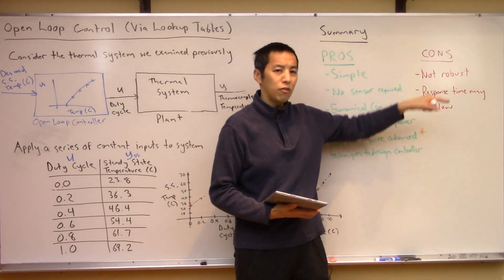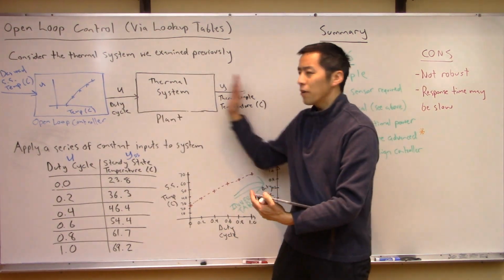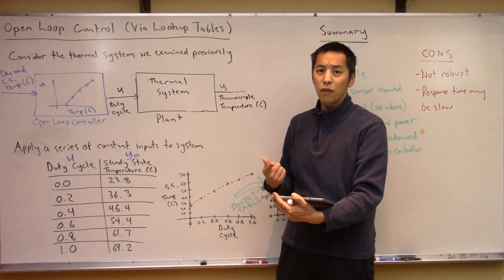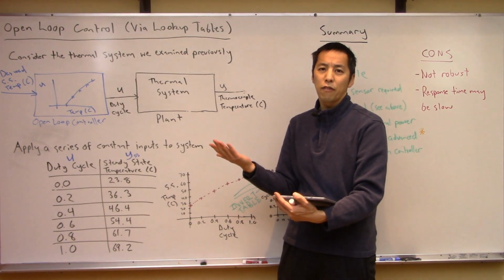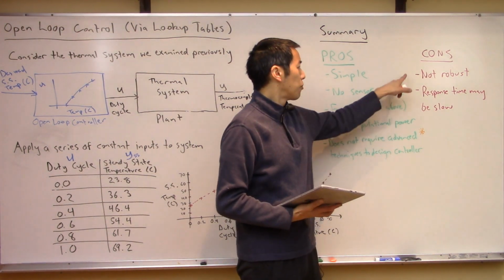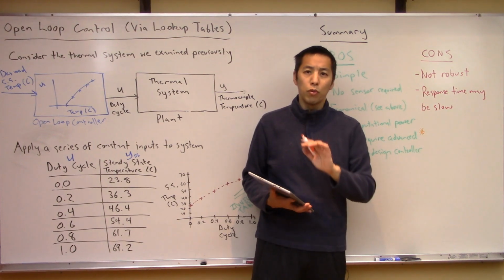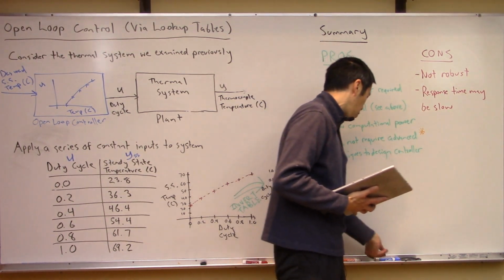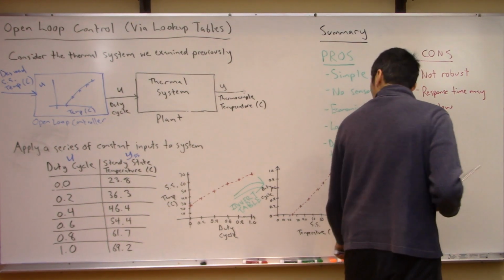So not robust means the system, the plant, and the environment better be exactly the way you designed it for. Otherwise, as we saw, you're going to have some potentially big problems. The other thing that maybe we should talk about, and we'll look at this soon, is the response time might be slow. And maybe it might be worth talking about that a little bit.